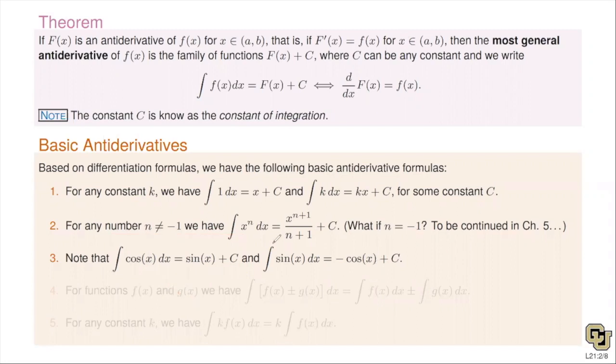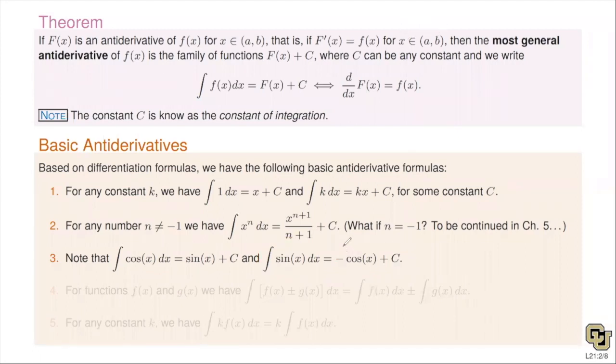And similarly here, the antiderivative of sine of x dx equals negative cosine of x plus c. Remember, the derivative of cosine by itself is negative sine. So here the antiderivative of sine would have to be negative cosine, because the derivative of negative cosine would be negative sine, or just sine.